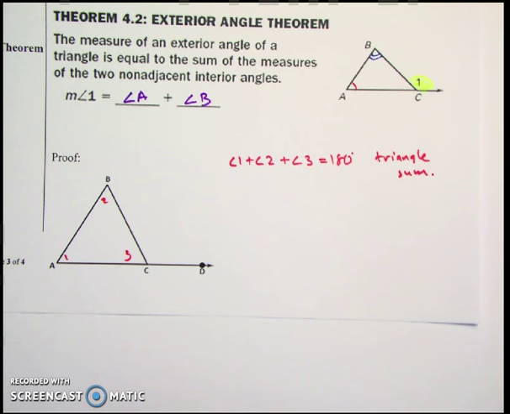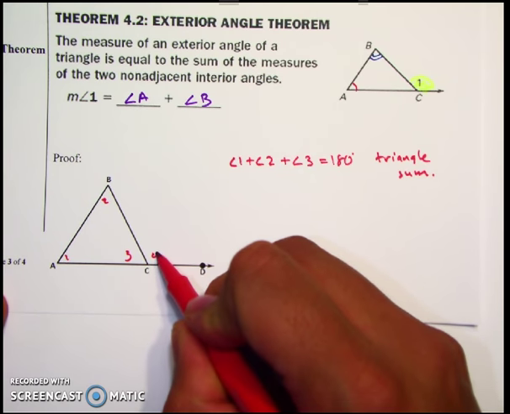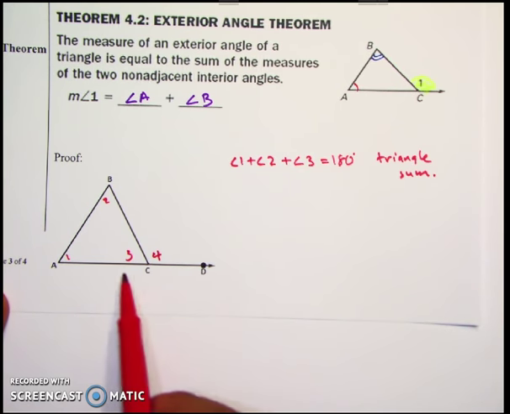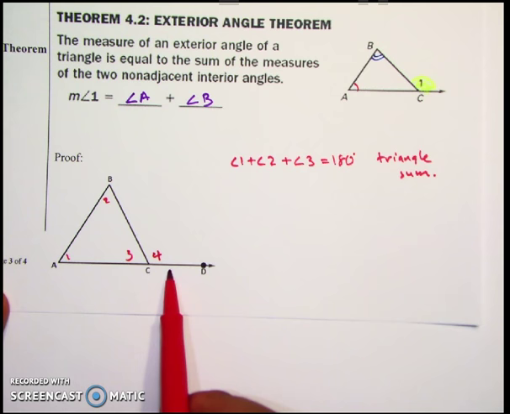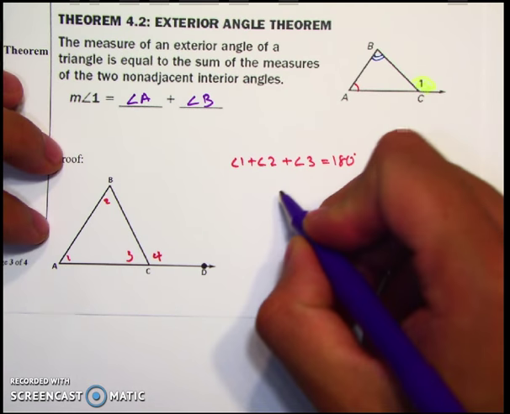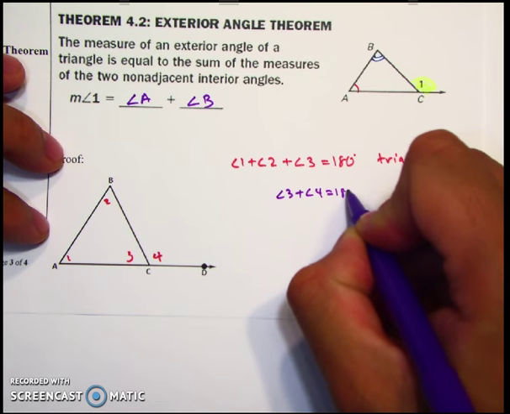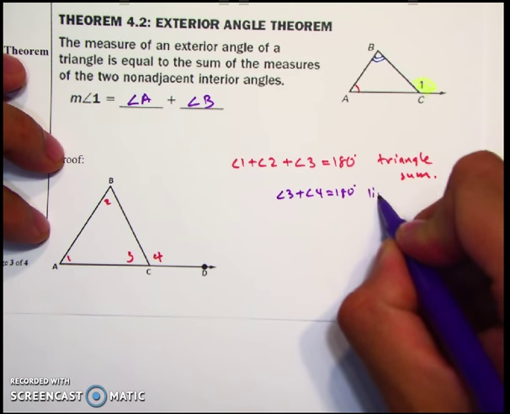So we know that. And when you look at this, notice that if this is angle 3, and let's call this angle 4 out here, this is a straight line. See that? So if it's a straight line gives you how many degrees? 180 degrees. So we know that angle 3 plus angle 4 give you 180 degrees, and we call that linear pair.